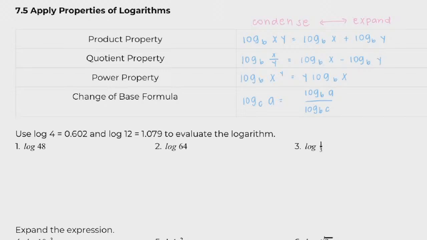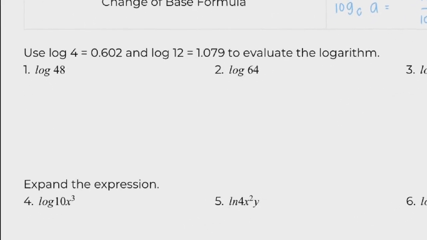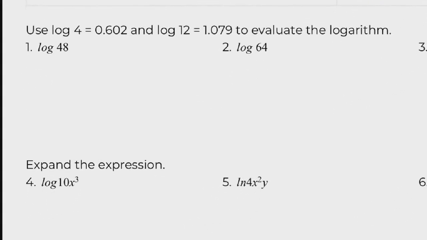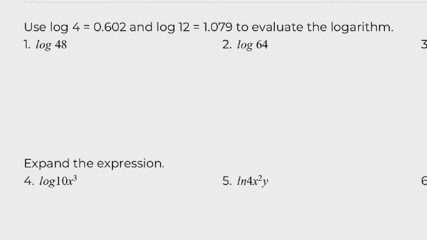Okay, so in the first examples, we're going to use log 4 equals 0.602 and log 12 is 1.079 to evaluate the logarithm. So for number 1, we have log 48. And we know that 48 is 4 times 12. So we can use the product property to break this up into log 4 plus log 12.